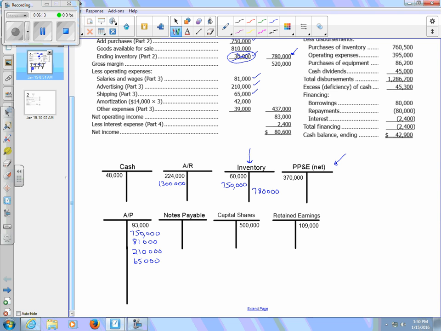But when you look for accumulated amortization, there isn't one. But you'll see the property and plant and equipment account is net. Whenever you see that net word, it means that the cost of the property, plant, and equipment and the accumulated depreciation have been added into one account. So that $42,000 of amortization comes out of the property, plant, and equipment account.